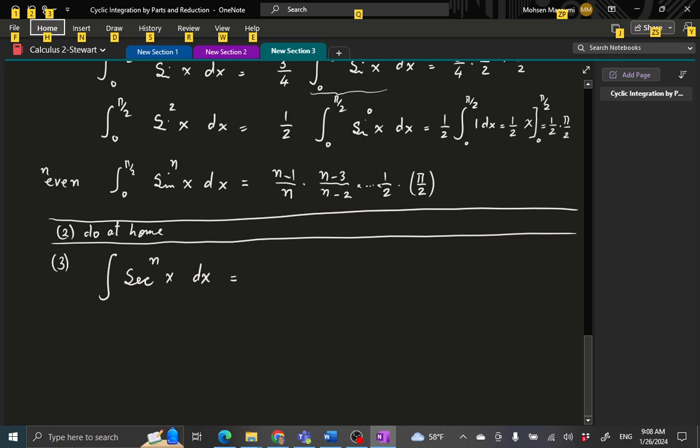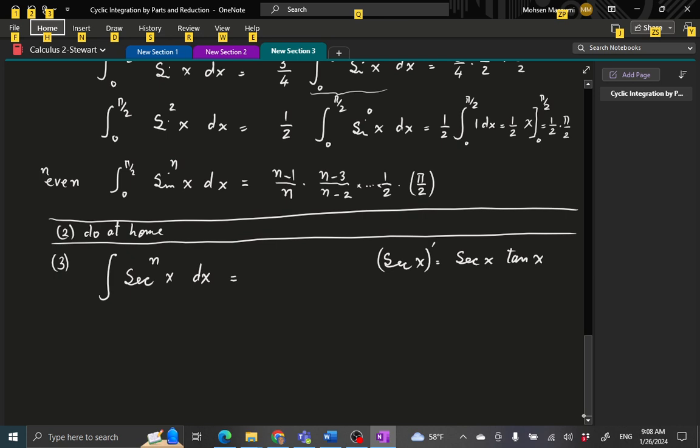For secant, it might be a good idea for us to refresh our memory about some differentiation rules so that we can refer to them later on. Well, what's the derivative of secant of x anyway? To get ready for integration by parts, we need some of these things. So for secant, you remember the derivative is secant of x tangent of x.